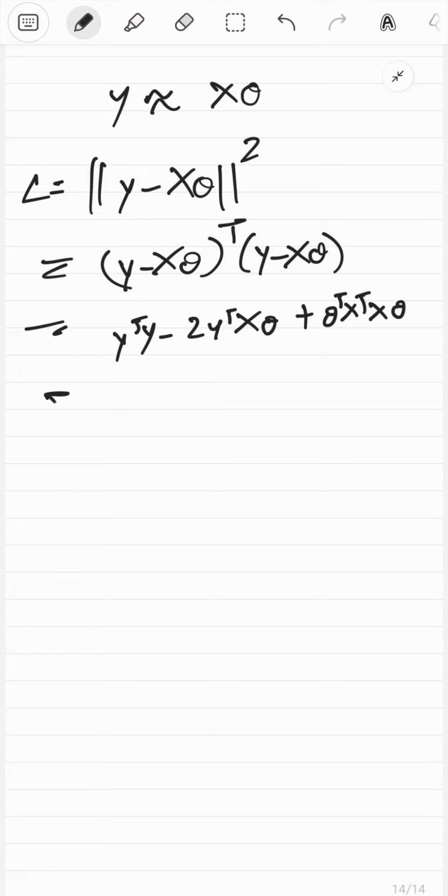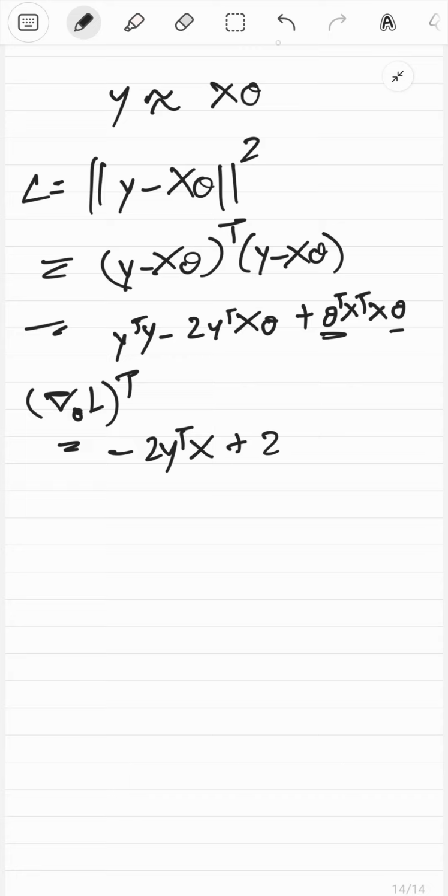The first term is not dependent on theta, so we discard it.